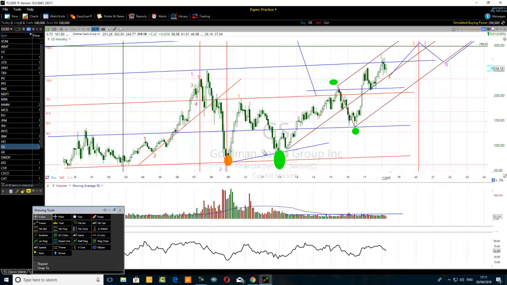If that is the case, you as a level 2 Elliott wave trader will say that the S&P 500 and many other financial instruments will also go into correction, provided, choosing my words carefully, provided that Goldman Sachs stock is still assuming its role as a leading indicator, as a market indicator.